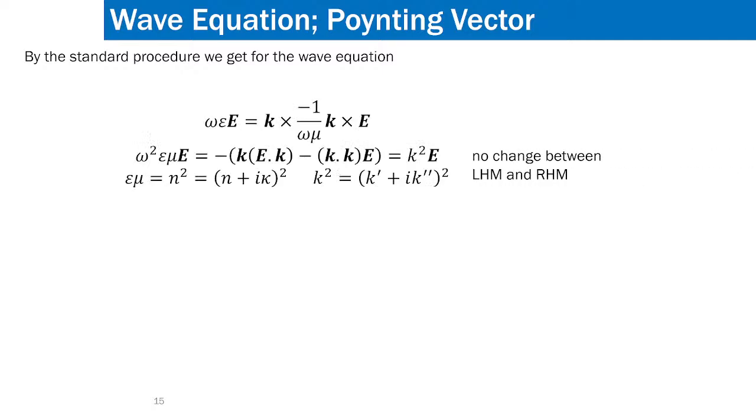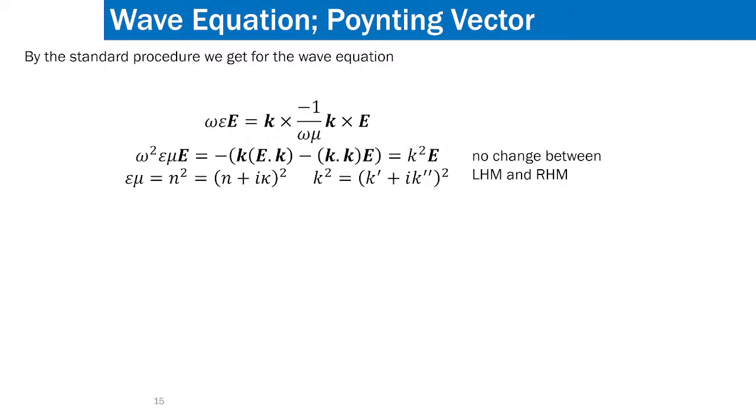In the last discussion, we stopped at this point: omega epsilon E is equal to k cross minus 1 by omega mu k cross E. This we derived from Maxwell's equation. Now what we will do is multiply the left side and right side with omega mu.